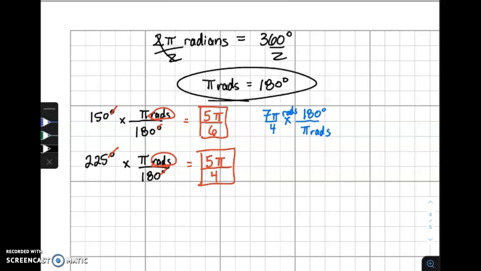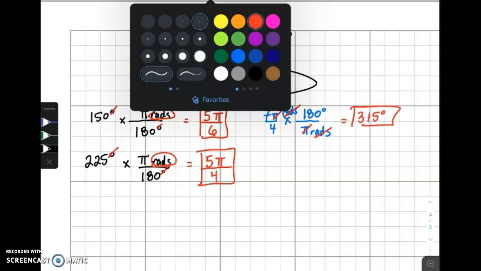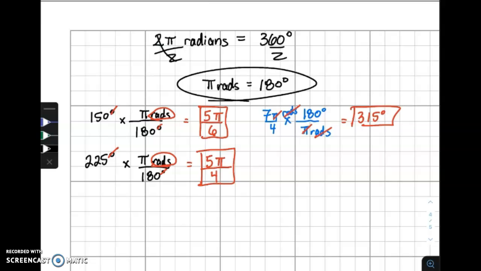And I'm going to put degrees on top because I'm canceling the radians on top and on bottom, leaving me with degrees. Also your pi's cancel out. So you're going to have 180 multiplied by 7 and then divided by 4, which gives you 315. So 315 degrees.